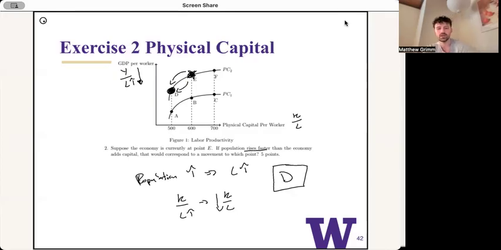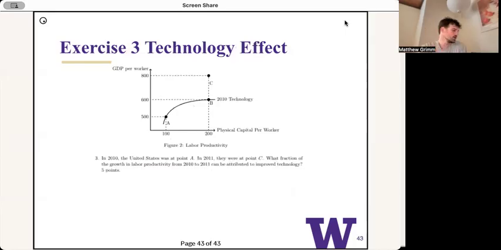All right, very nice. So in exercise 3 here, we're still looking at the same graph, so it's helpful just to put all these labels. Y over L is the GDP per worker, and physical capital per worker is K over L. In 2010, the United States was at point A. Maybe draw a little star there.